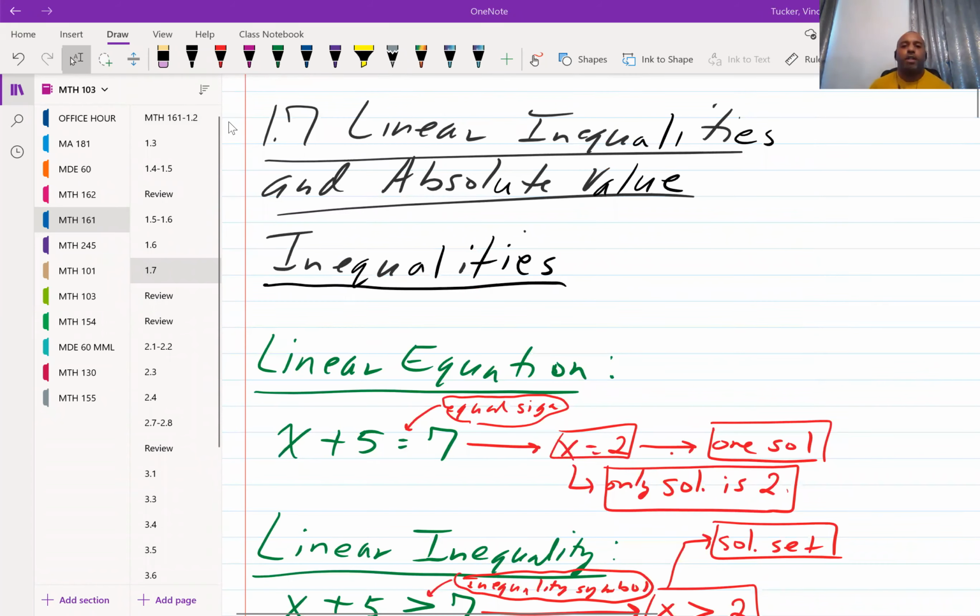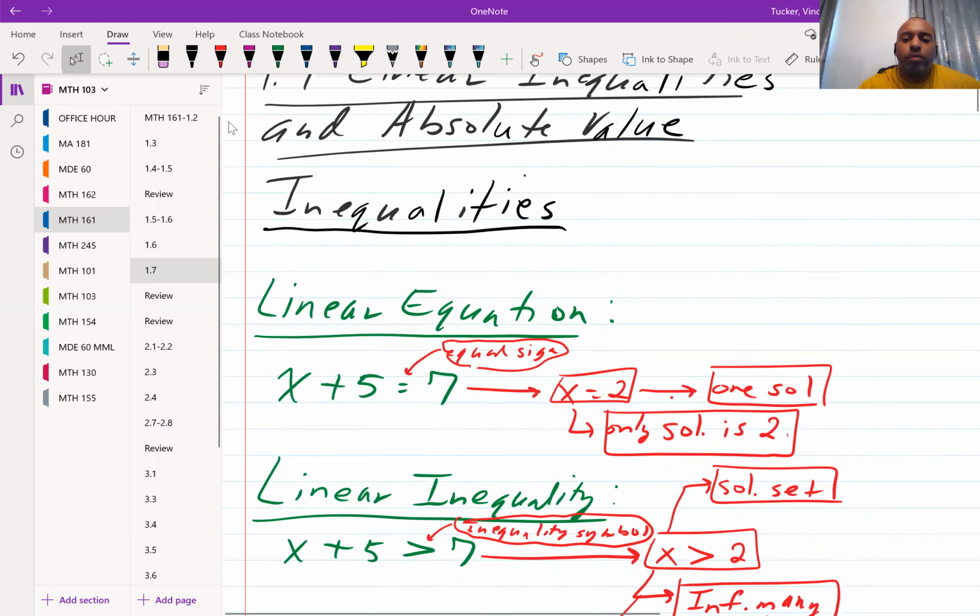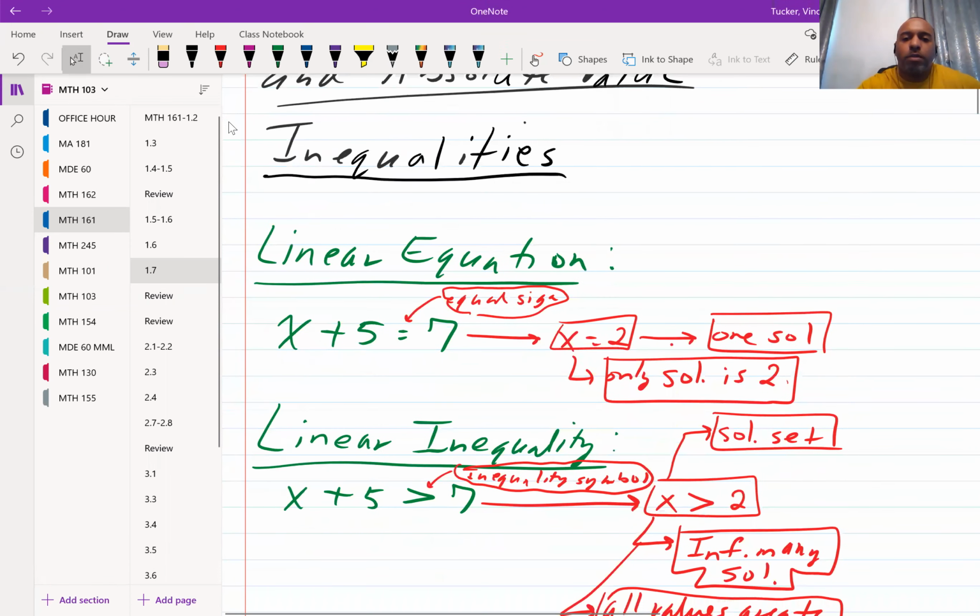All right, so 1.7 is linear inequalities and absolute value inequalities. All right, so up to this point, we dealt with equations.